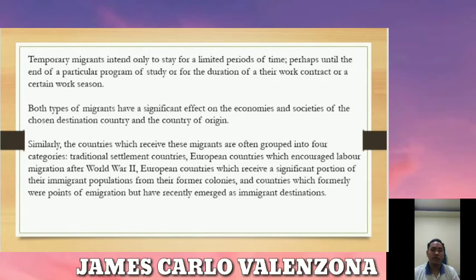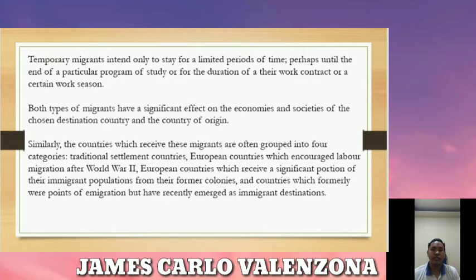So both types of migrants have a significant effect on the economies and societies of the chosen destination country and the country of origin. And the countries which receive these migrants are often grouped into four categories. The first is traditional settlement countries. The second is European countries which encouraged labor migration after World War II.